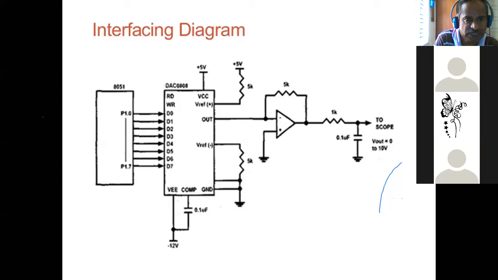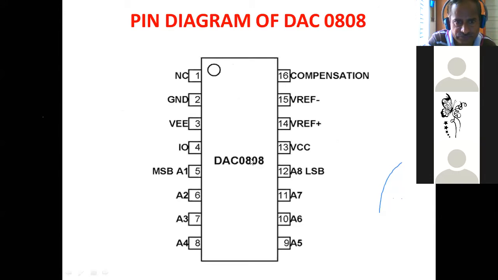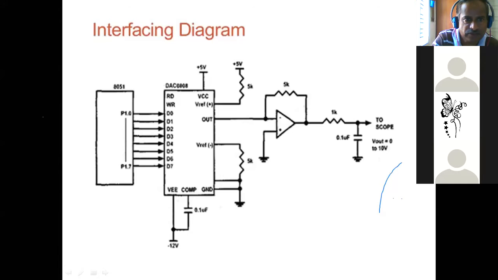Port 1 is connected to the DAC IC, that is pin number 5 to pin number 12. We connect P1.0 to P1.7.